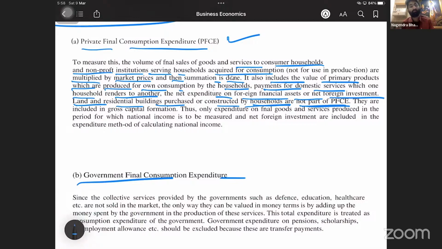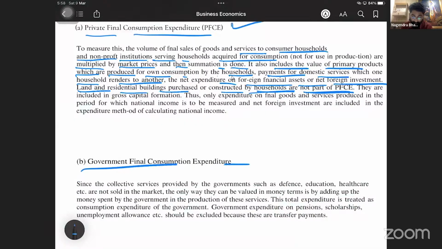Why is it not part, sir? Because it is investment. If you are purchasing foreign financial assets, net foreign investments in land, or you are purchasing residential buildings, constructing the house, it is not for final consumption or private consumption. We don't include it here. Even though it is final consumption, we don't include that here. Why? Because there is something called capital formation.